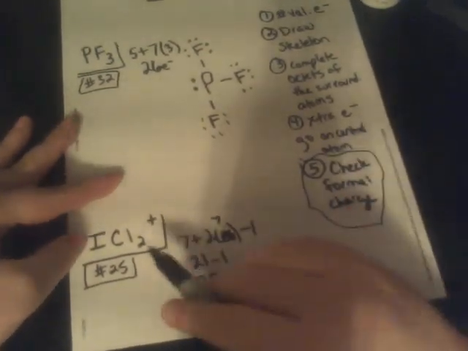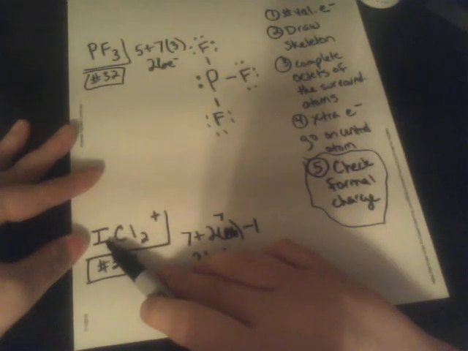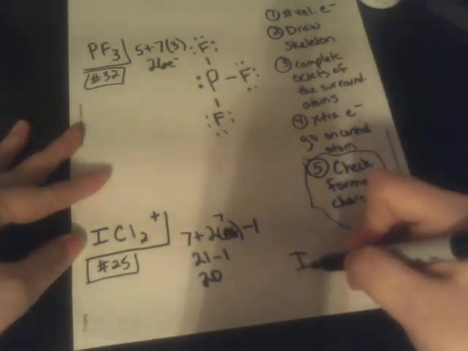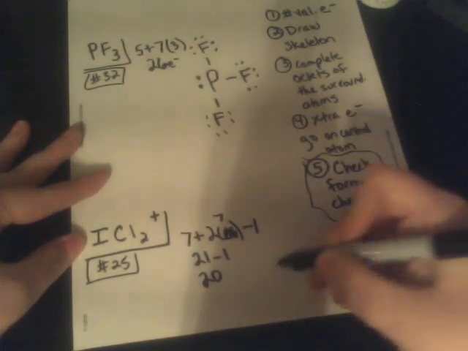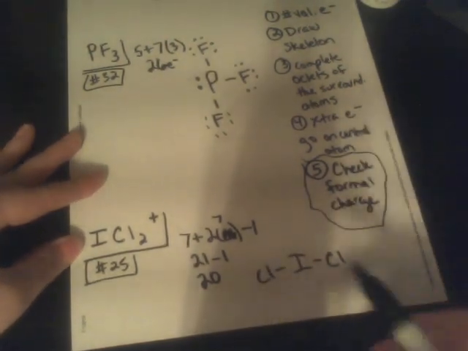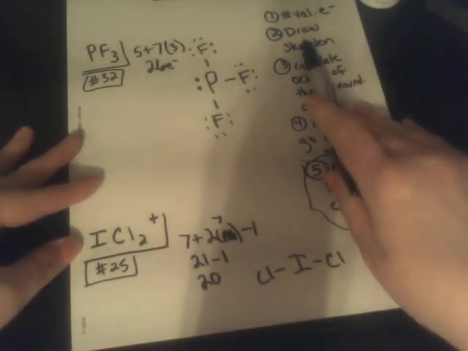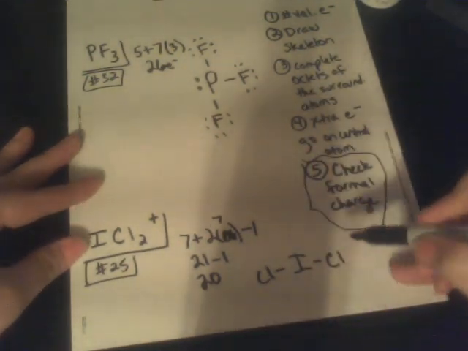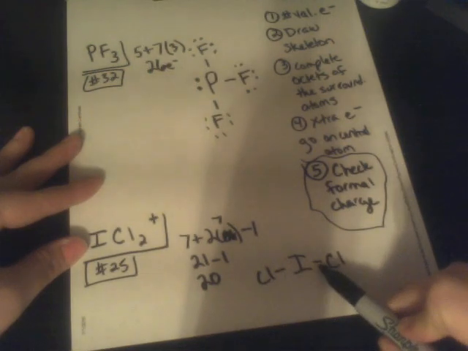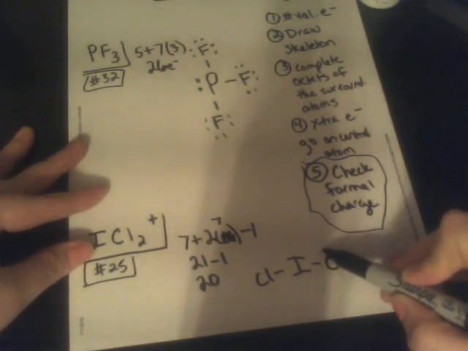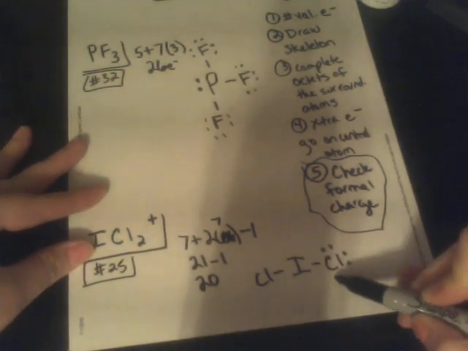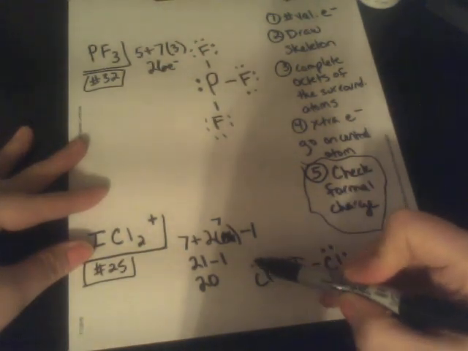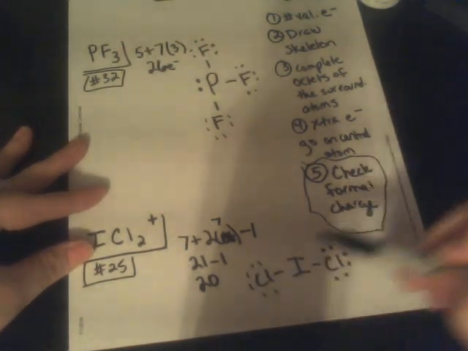I is most likely going to be in my center, because Cl is written out to the side. So I is in my center, Cl, Cl. So there's my skeleton. So we just did step 2. Step 3, let's complete the octets of the surrounding atoms. This Cl has 2 electrons around it, so 3, 4, 5, 6, 7, 8. 2 right here, so 3, 4, 5, 6, 7, 8.